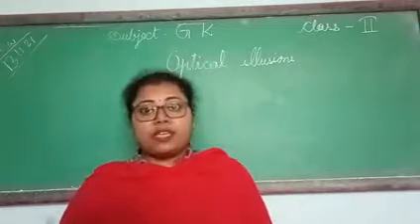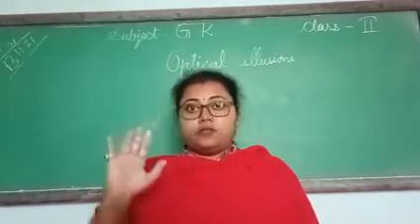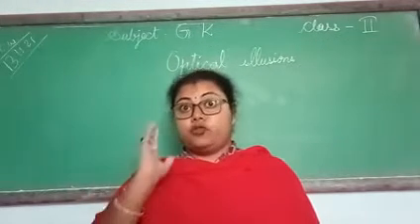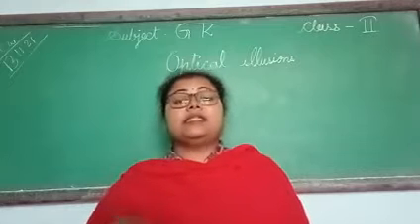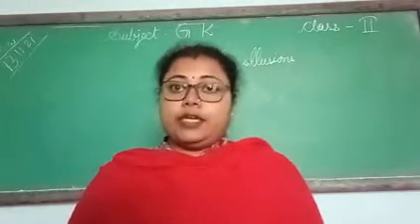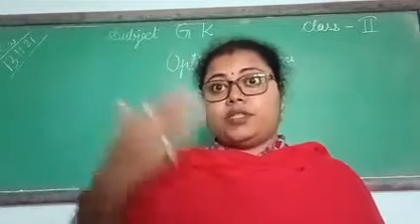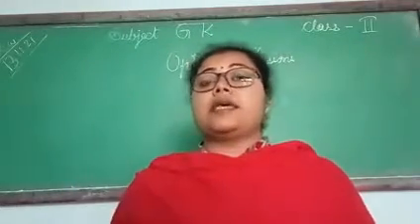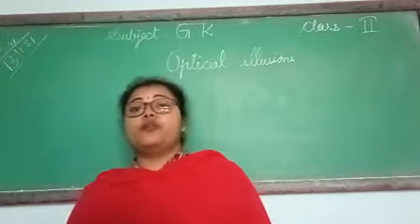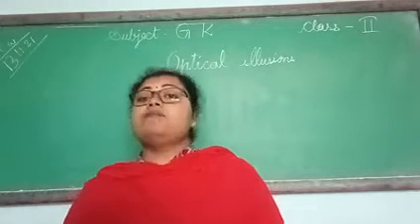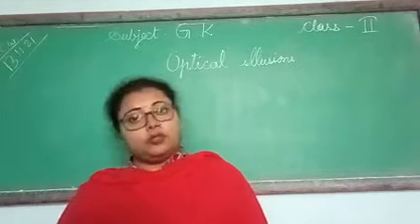Suppose you are seeing a picture. In front you can see that picture, but if you look properly, something is hidden in it. It shows something, but it is not true. So that kind of pictures or 3D arts are known as optical illusions.